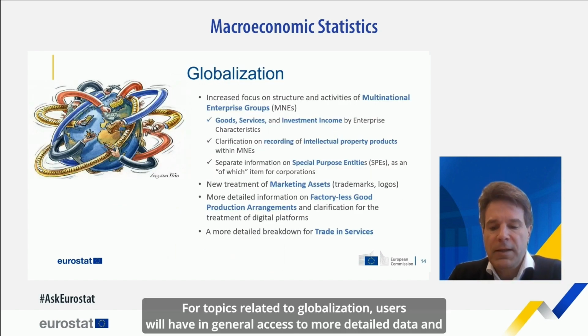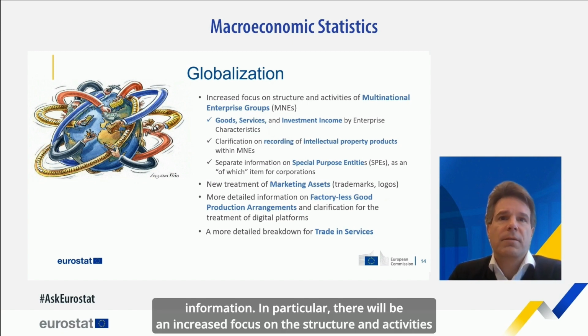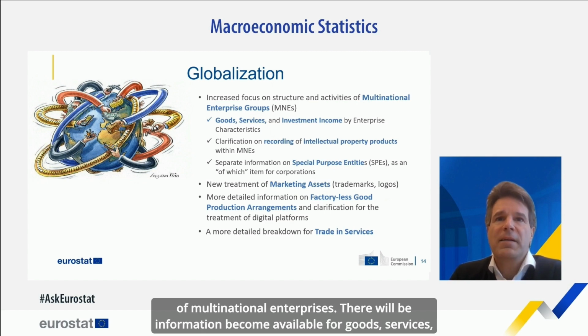For topics related to globalization, users will have, in general, access to more detailed data and information. In particular, there will be an increased focus on the structure and activities of multinational enterprises.